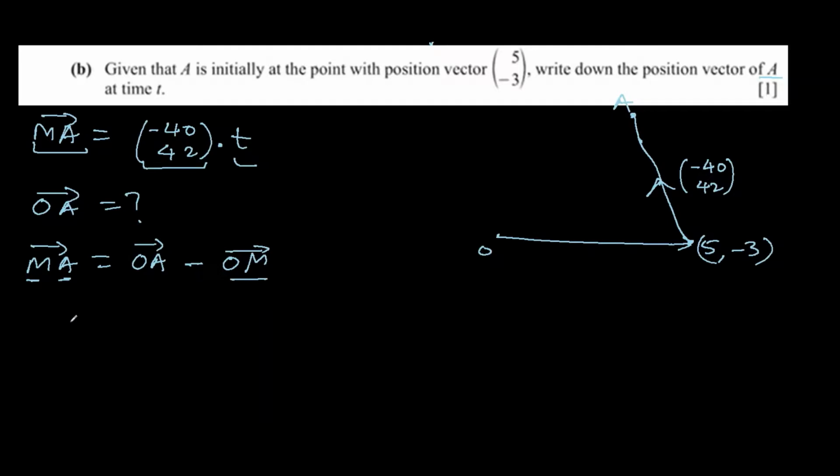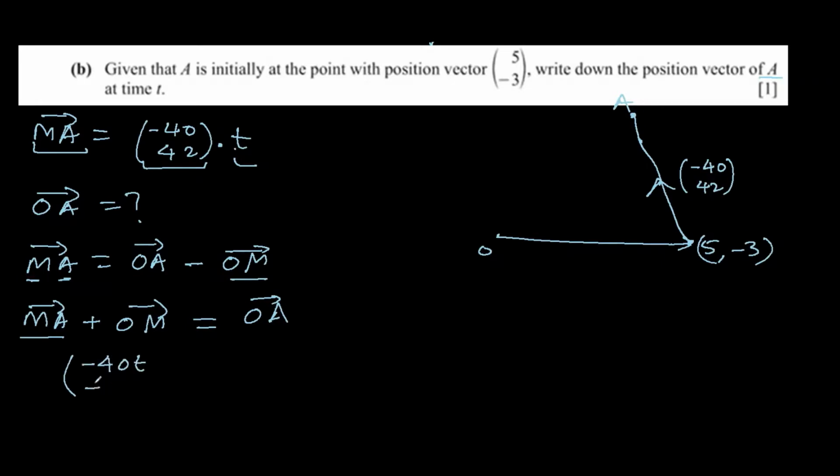Let's bring OM to the left side so that OA is isolated. That's what they are asking us. So MA plus OM equals OA. And we know both of them now. MA is (-40t, 42t), I can multiply t with each one to make it easier.